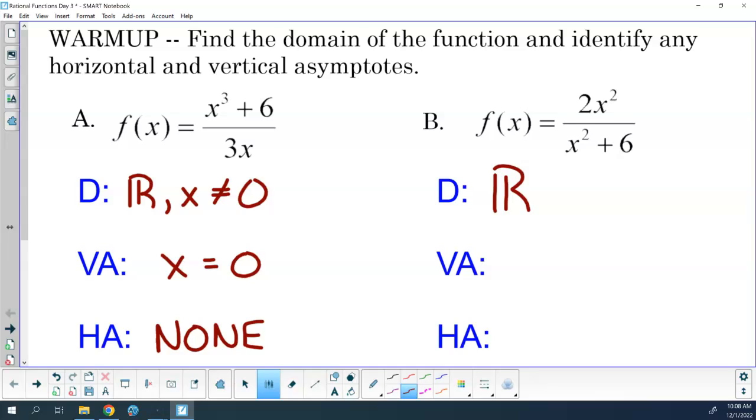If I put a positive number in there, square it, add 6 to it, it's going to be even bigger. So the smallest value that this denominator could get would be 6, which is nowhere near 0. So it's all real numbers. Which means, how many vertical asymptotes do we have? None. We don't have any because we have no restrictions in our domain.